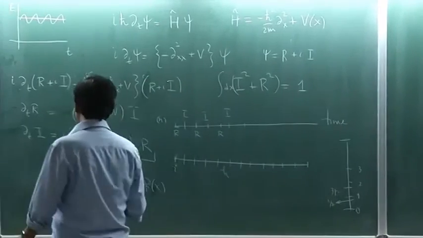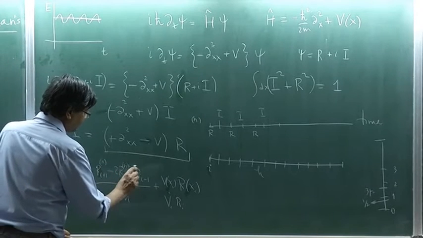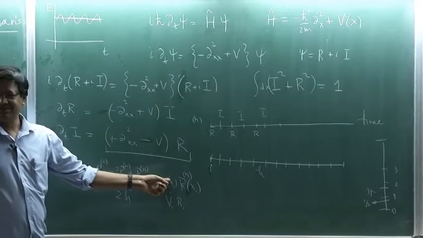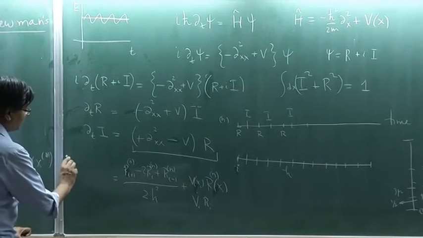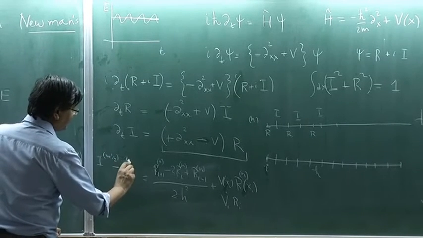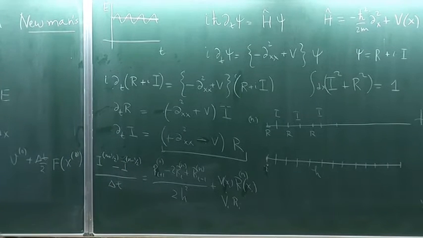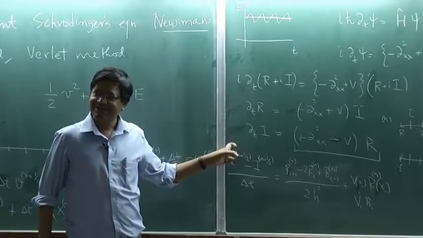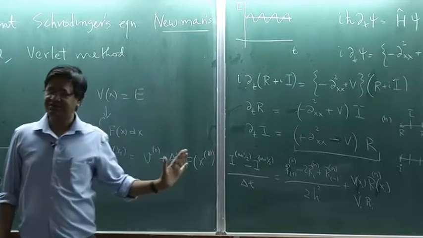So these are known at integer times, this is at n, and this of course is constant, it does not change, the potential is not changing in time. Now I will write this as I at n plus half minus I at n minus half, divided by delta t, because my imaginary part is jumping in half-integer time steps. Is that clear to everyone?